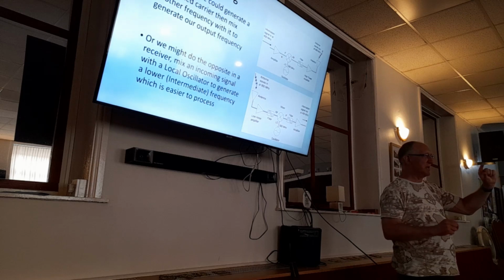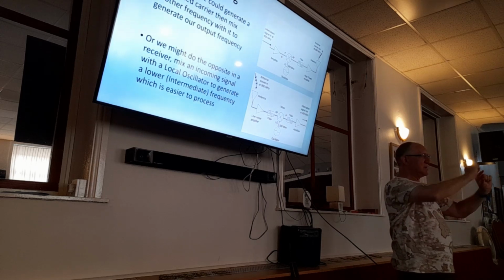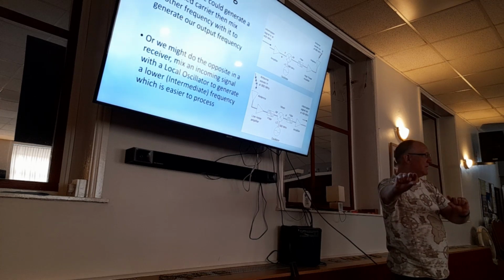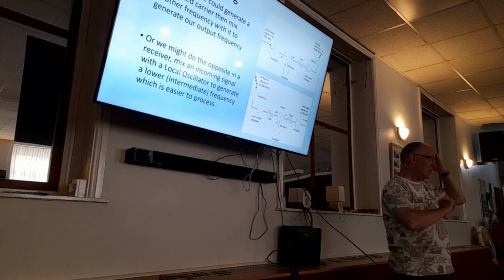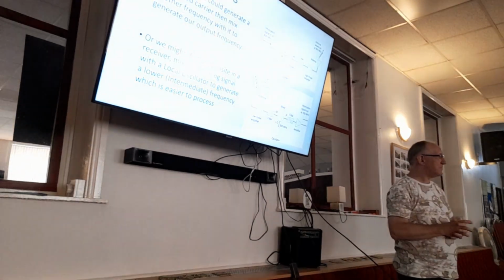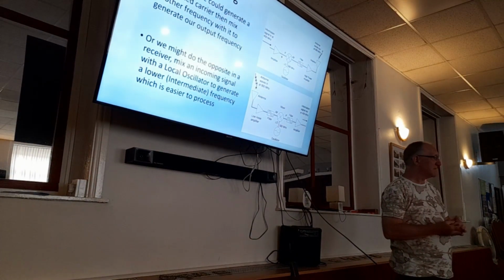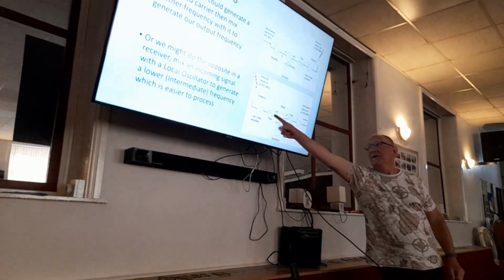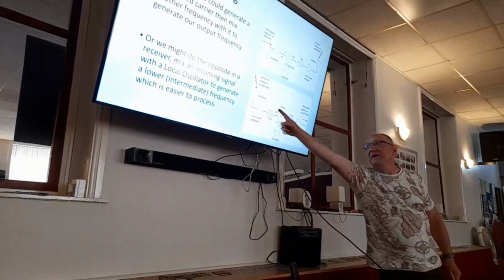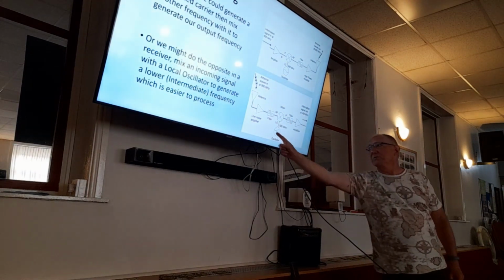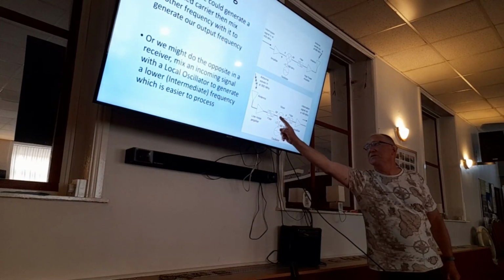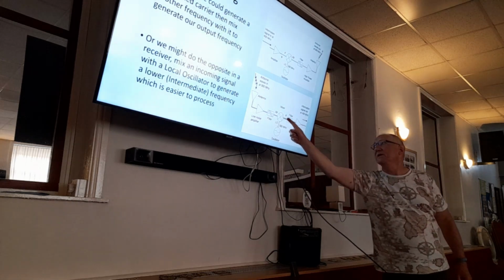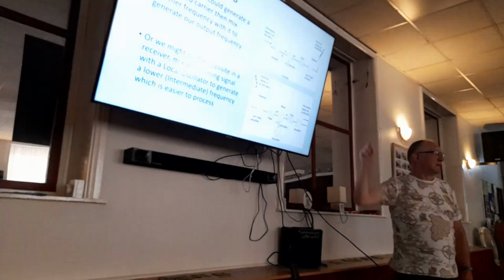All you're doing is translating that modulated signal to a different frequency, but it's still modulated when it gets there. How is that achieved, from the RF amplitude to the IF amplitude? Like this. Exactly like that. That's your RF coming in. We mix it with a suitable local oscillator so that the difference between that frequency and that frequency is the IF that we want. And that's how it's done.